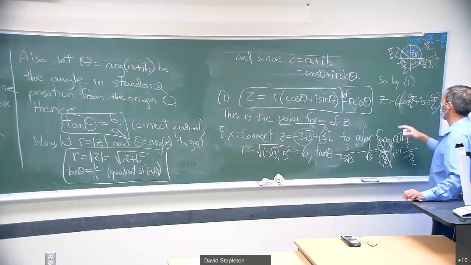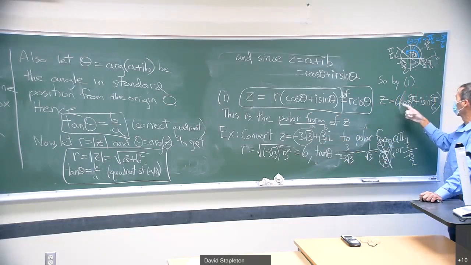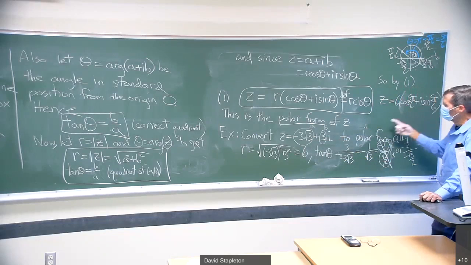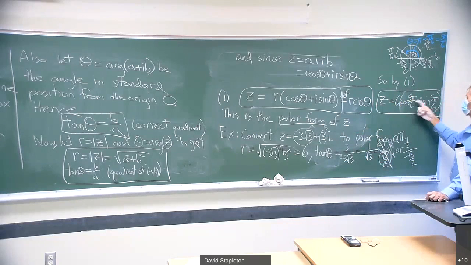After all, if you were to multiply this out, this times this, you'd get -3 square root of 3. If you multiplied this times this, you'd get 3. But we call this the polar form because from it you can see the angle on the plane and the radial distance out.